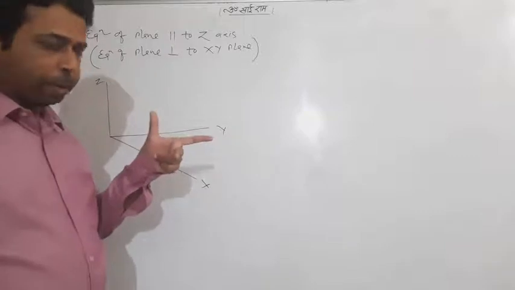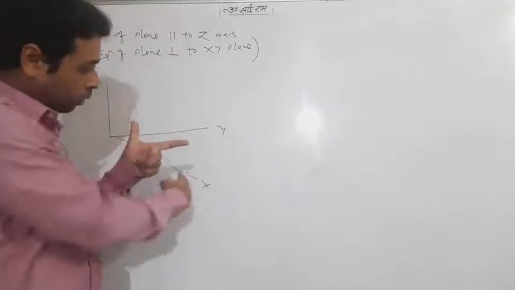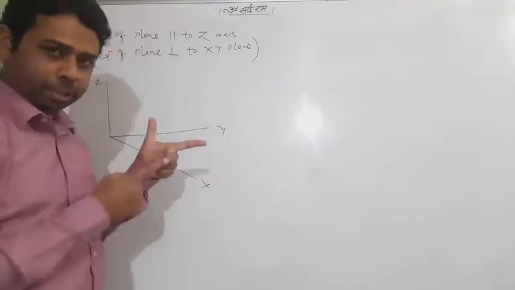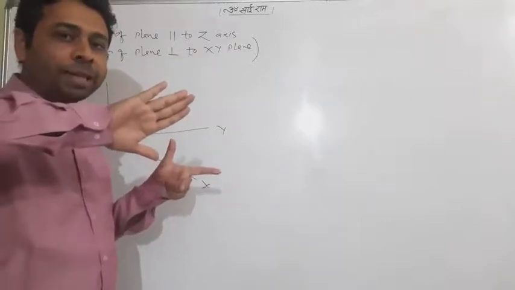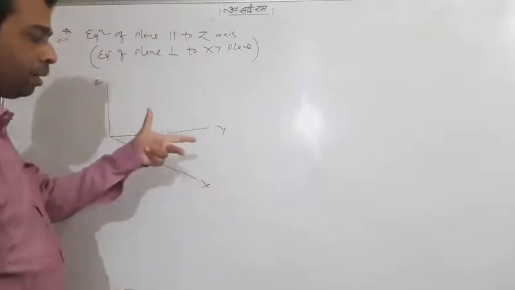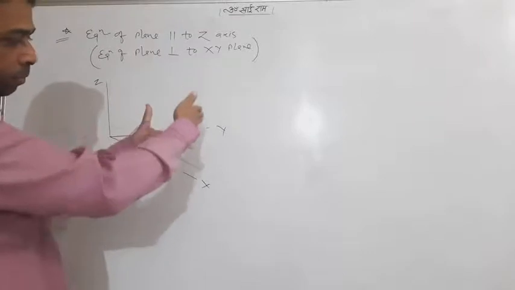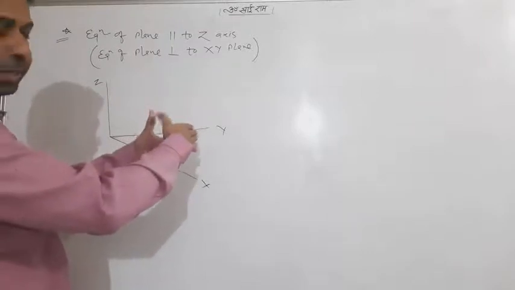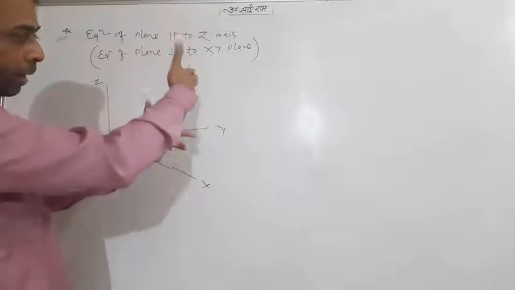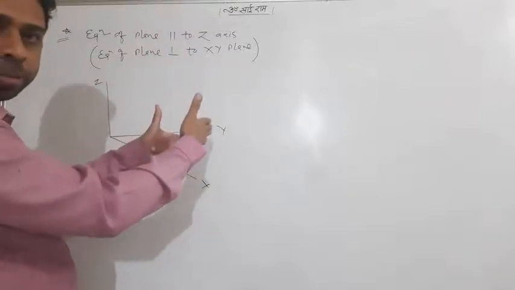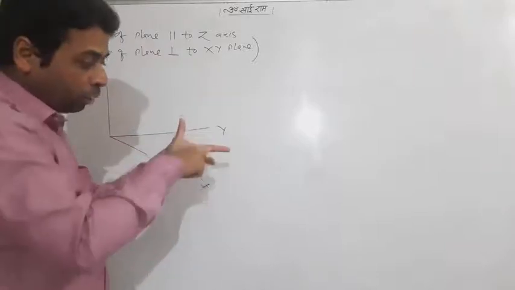This is very simple. This is my z-axis, this is my y-axis, and coming in front is the x-axis. Can you see this palm? It looks like a plane, and the plane is coming like that, which is parallel to the z-axis and perpendicular to the xy plane.